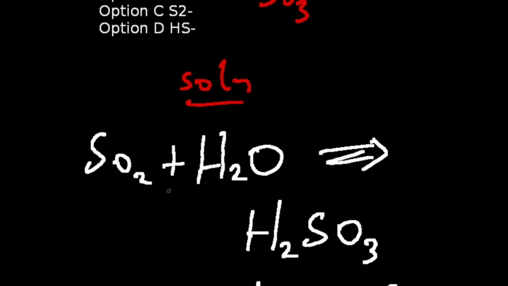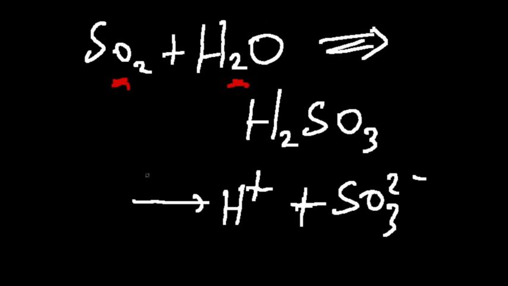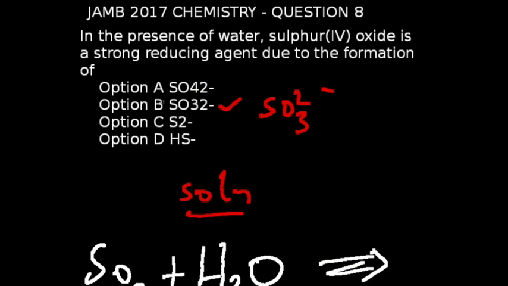So in the presence of water as seen in this equation, SO2 will simply react with water to give us H2SO3. And if we dissociate this, we're going to be having hydrogen ions and SO3 2- ion. So that buttresses the fact that the correct answer to this question is SO3 2- ions.